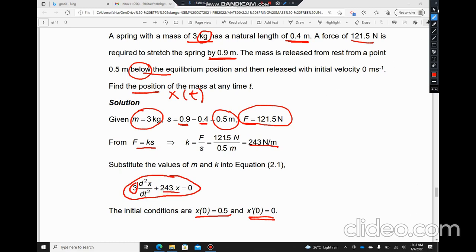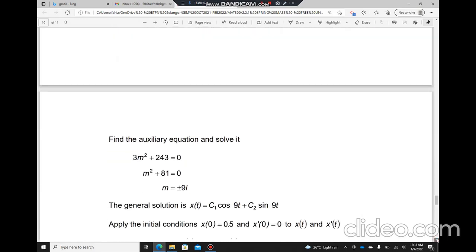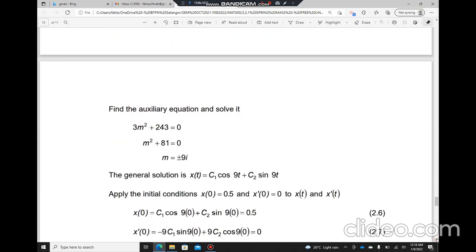Okay, so bila masukkan, solve macam tadi lah, macam biasa tadi, cari auxiliary equation. 3m square plus 243 equals to 0, m square plus 81 equals to 0, m equals to plus minus 9i. The general solution is x(t) equals to C1 cos 9t plus C2 sin 9t.